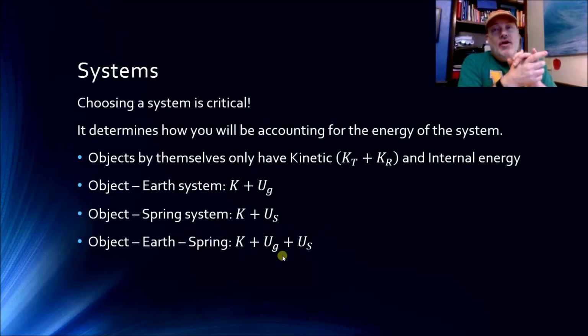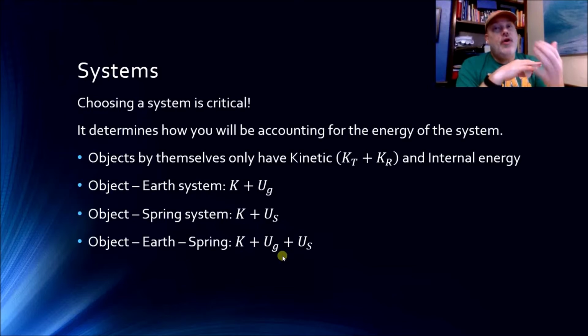We've got to have a heart-to-heart talk about systems. Choosing the system is all important because it determines how you're going to account for the energy. Remember, an object by itself can only have kinetic energy. So like this object right here, it can only have kinetic energy and internal energy because it has atoms. We study that in physics 2. So if we want to have other types of energies, we have to include the interacting object with it.